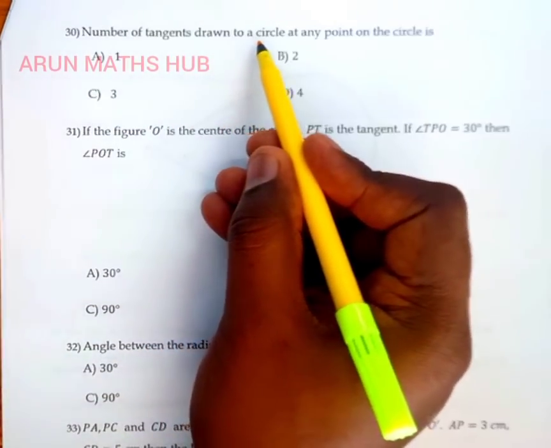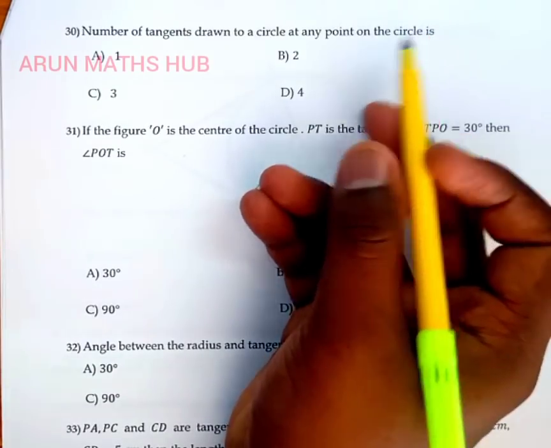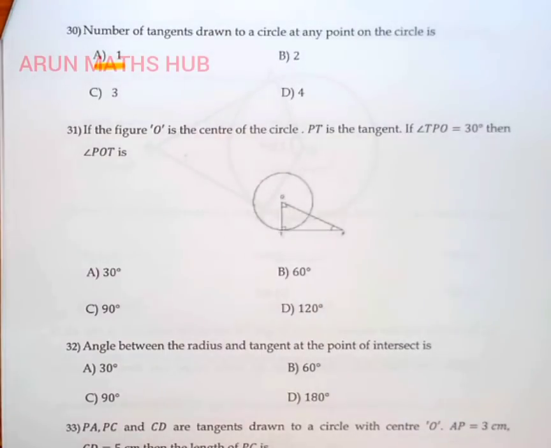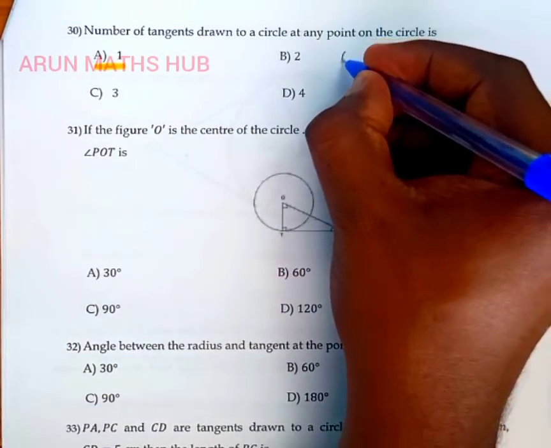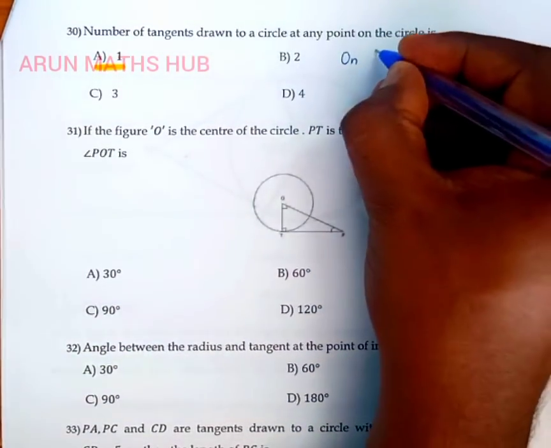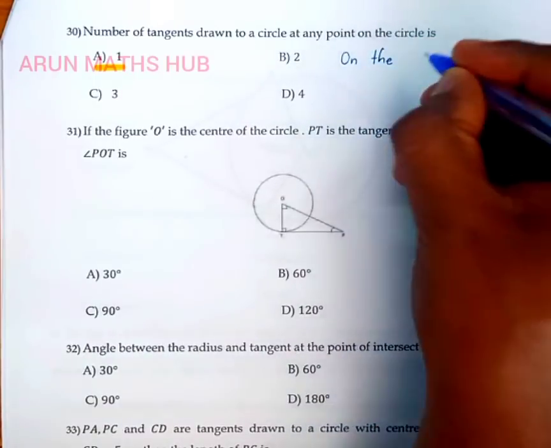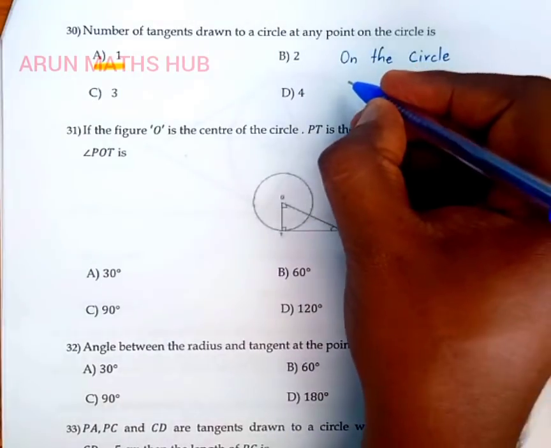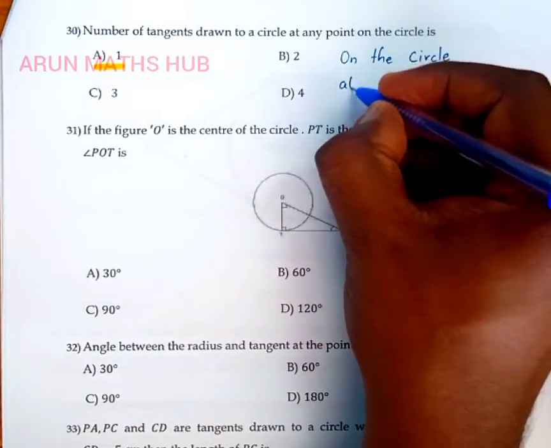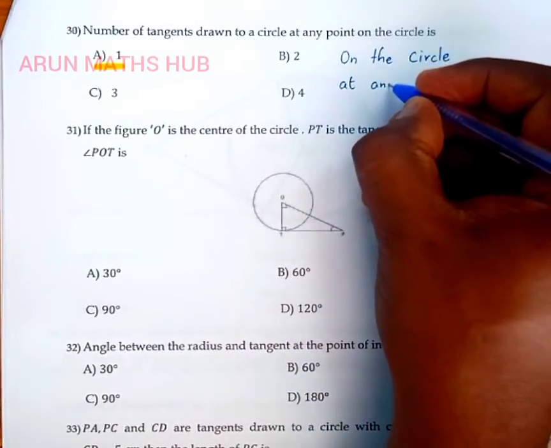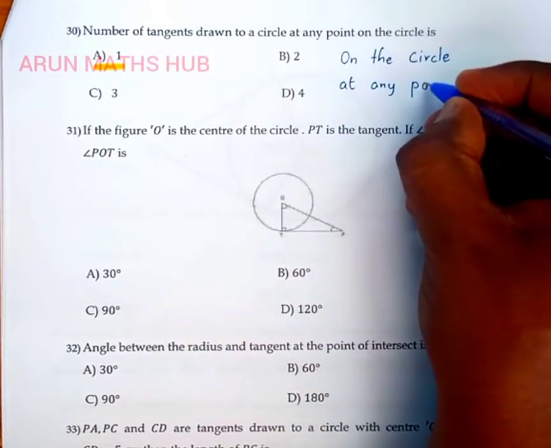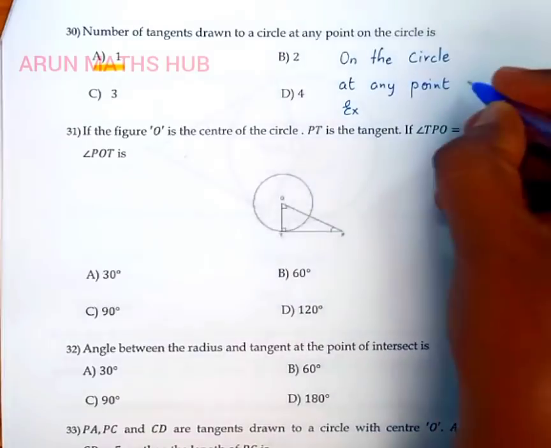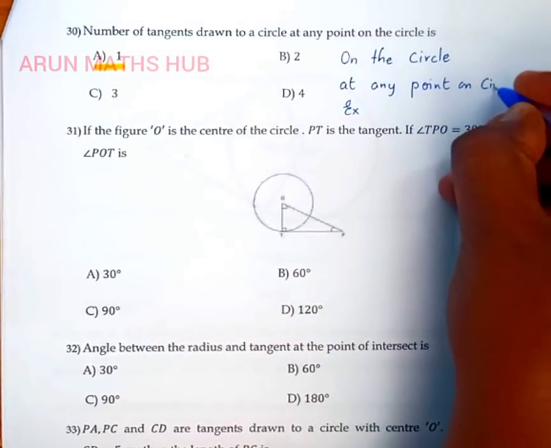The number of tangents drawn to a circle at any point on the circle is? How many tangents can be drawn at a point on the circle? At a point on the circle, only one tangent can be drawn. Students, there are 3 cases: the number of tangents drawn on the circle, at any point on the circle, and from an external point.